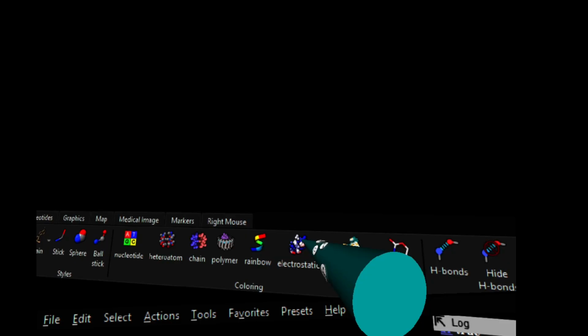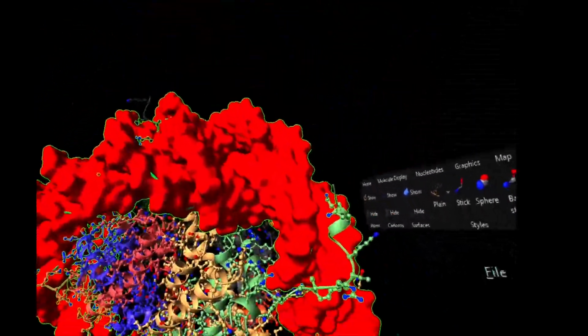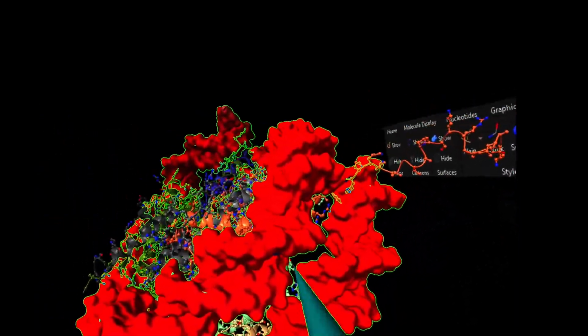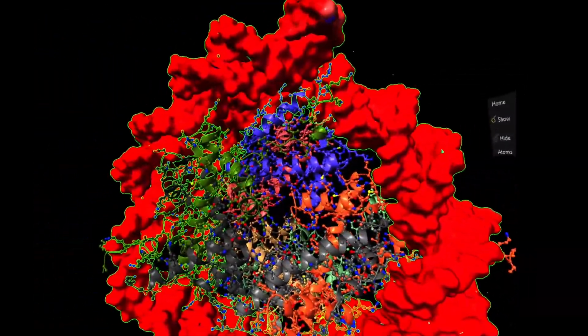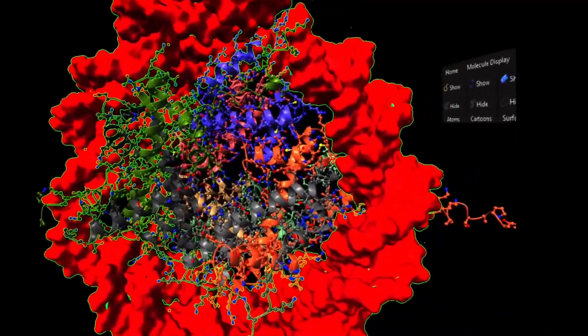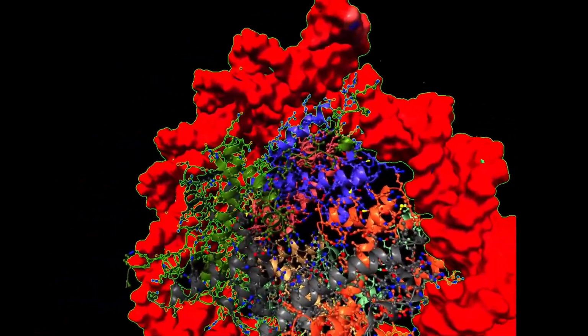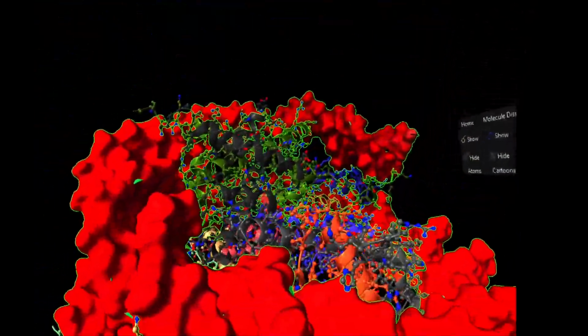As it's present here, you can see the whole coil is colored red, since in this coloring scheme, blue represents a positive electric charge, and red represents a negative partial charge. And this negative charge of the entire DNA originates from the phosphodiester bond, which forms the backbone of the DNA.